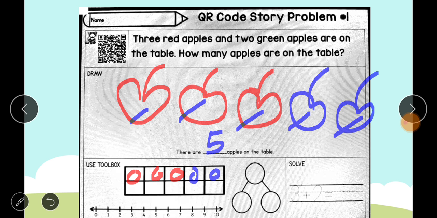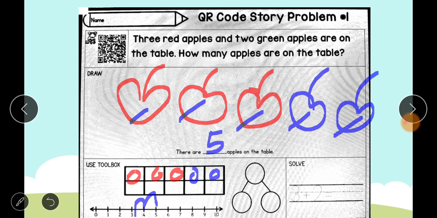Now using the number line, remember when you're working with the number line, you start with the first number and then you hop the number of times for the second number. What's the first number? 3. So we start from 3 and then we hop forward how many times? 2 times. So we'll go 1, 2. So our answer is what?